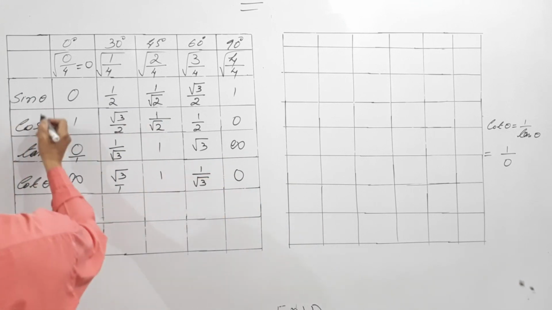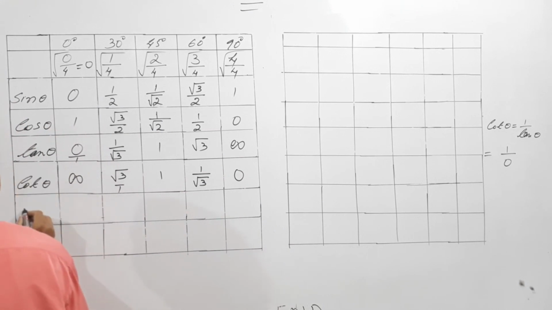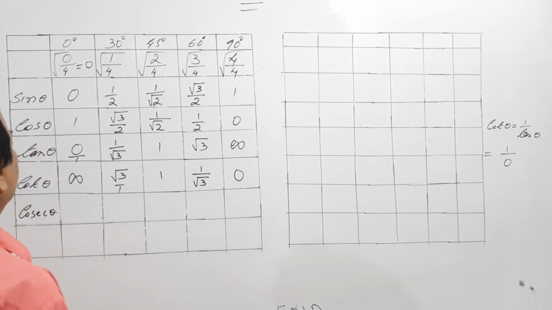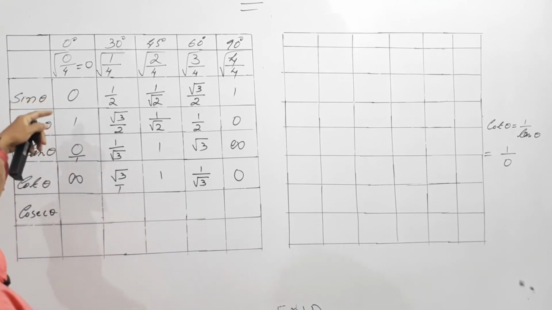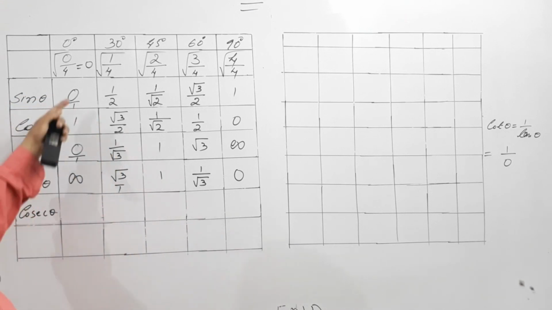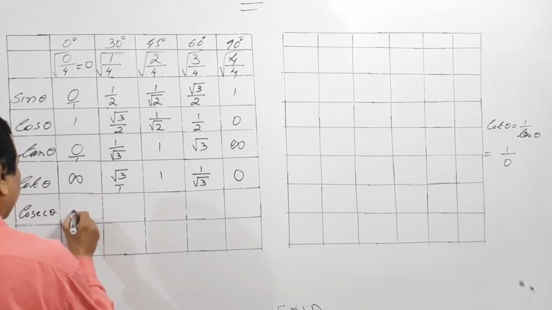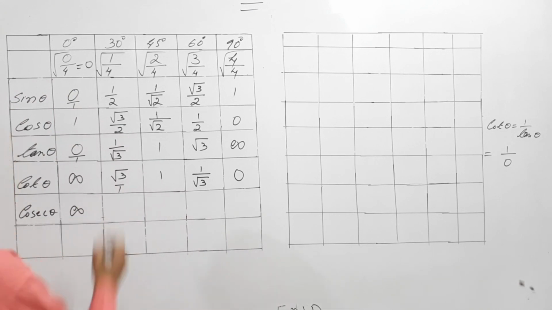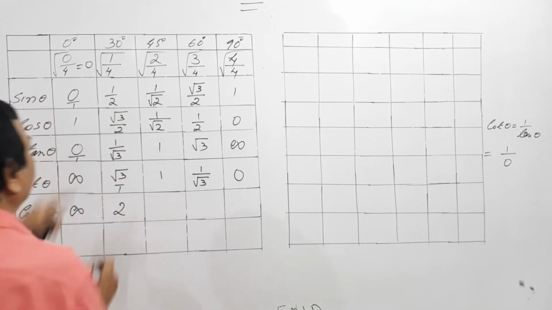So next, reciprocal of sine. Sine is cosecant. Cosecant theta. So this becomes 1 divided by 0, so again infinity. What about this? This becomes 2.